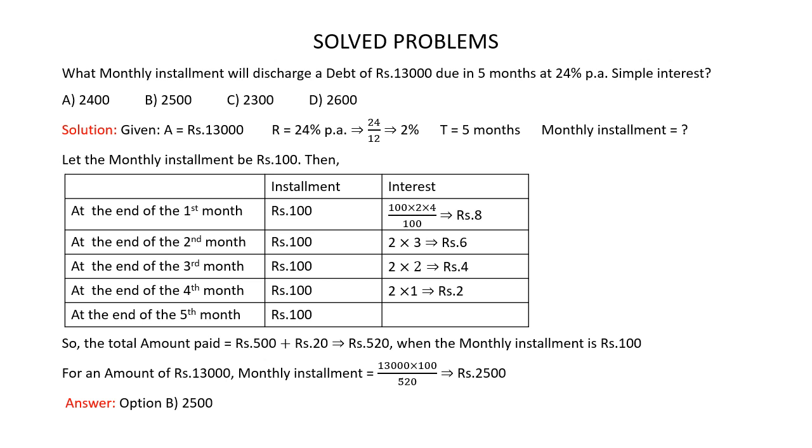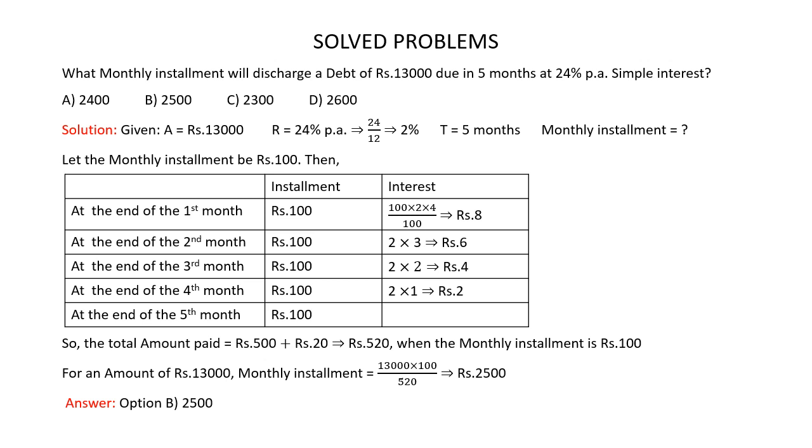At the end of the fifth month, the installment paid is rupees 100. There's no interest to be paid because at the end of the fifth month, the debt is paid off. So now the amount paid is equal to principal plus interest.